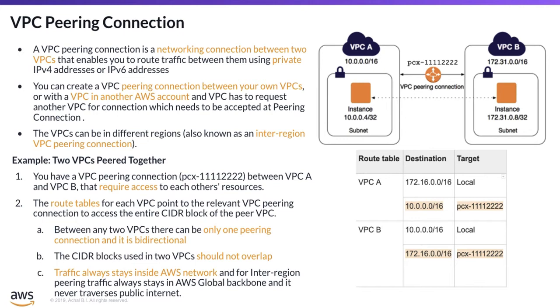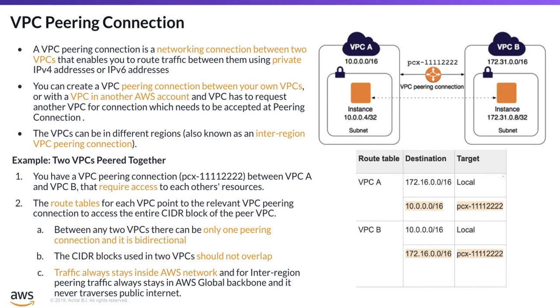Both VPCs are connected through a virtual device called VPC peering connection. This will help us in establishing the connection between the two VPCs.